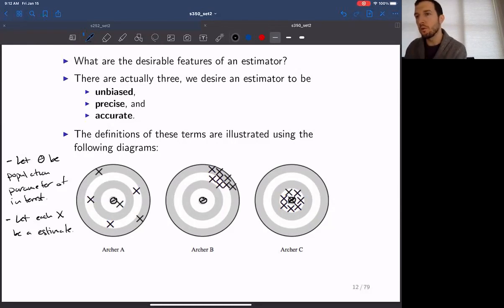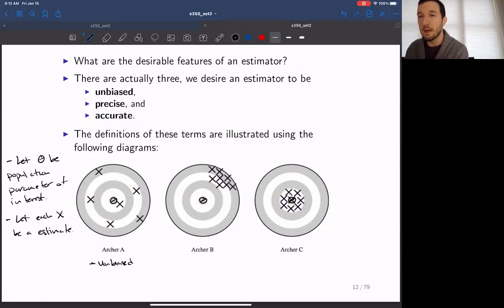Okay, so if you were to average across each of the different X values on Archer A, this would be an example of an unbiased estimator. The estimator that was used to compute the value that ends up being one of the X's on the dartboard would be unbiased for Archer A, because if we were to take the average of each of those different X marks or estimates, they should average out to right around the bullseye.